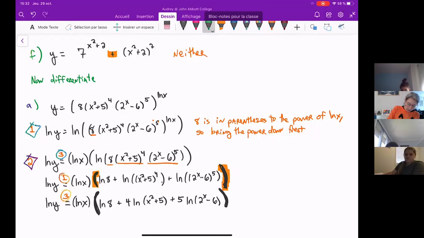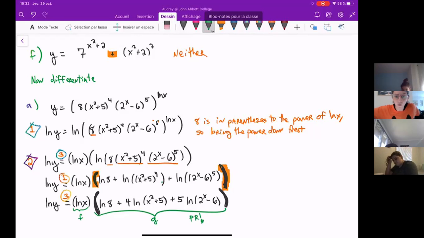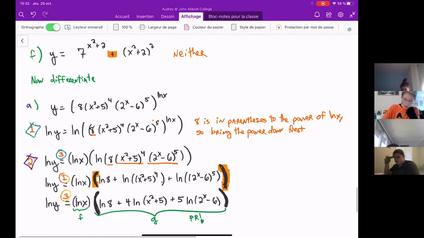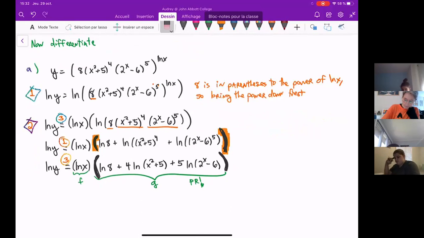And our product is ln x times this giant thing. So that's my product rule that we knew we were going to have. If it hadn't shown up, we would have a problem. We found our product rule. Now we will do our product rule.